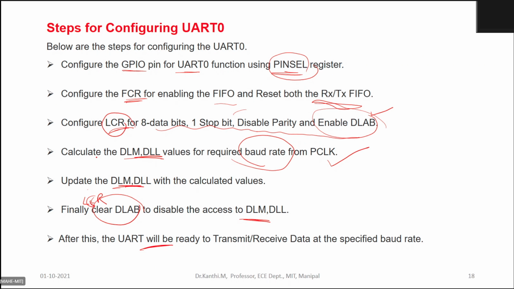Then calculate the values to be loaded for the baud rate using the PCLK and the specific formula. Then load the values, then clear your DLAB bit of the line control register so that you latch the value. So this is the UART initialization.